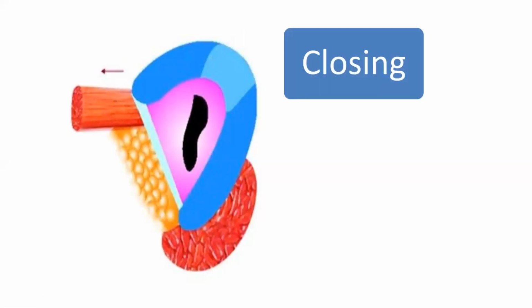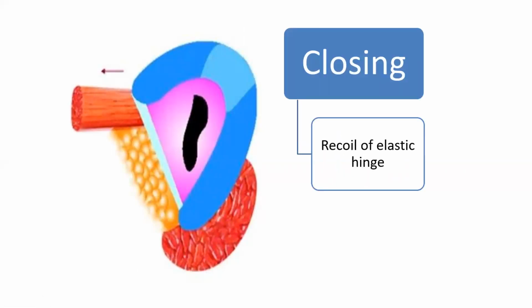The closing of the Eustachian tube happens with the recoil of the elastic hinge. So when the tensor veli palatini muscle is contracted, it pulls the lateral lamina of the Eustachian tube away from the lumen. Once the muscle is relaxed, this elastic hinge recoils, closing the lumen of the Eustachian tube.